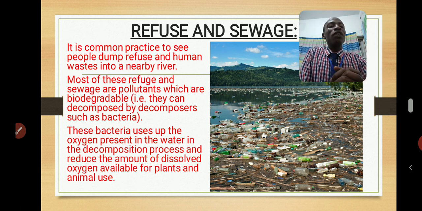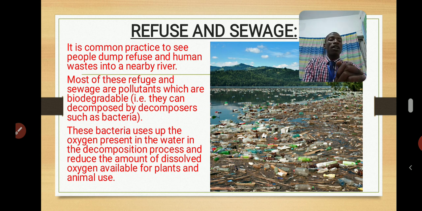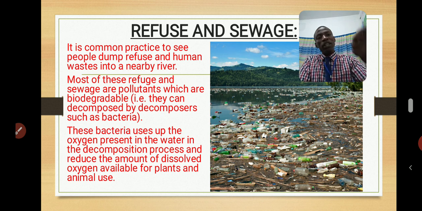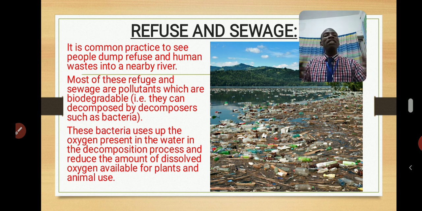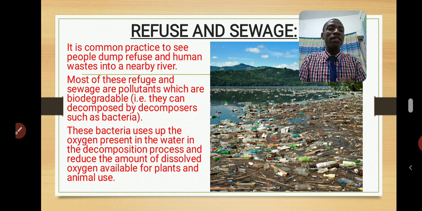We use a lot of things at home, and most of these things get dumped into the waterways, especially people that live close to the waterways or to the gutter side. In some areas that are not well developed and well planned, some people are living close to the water side.